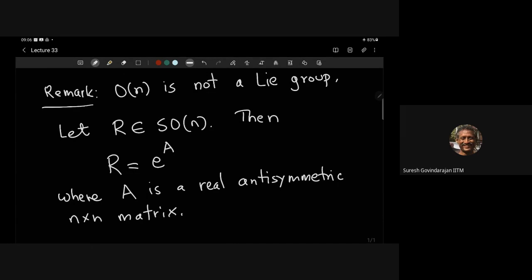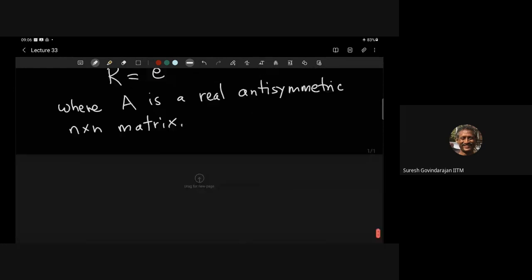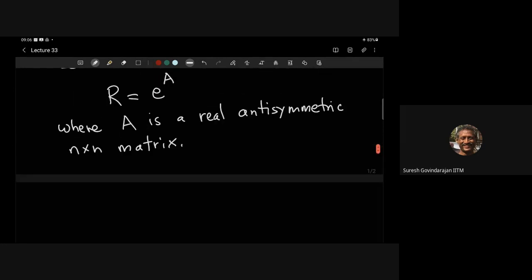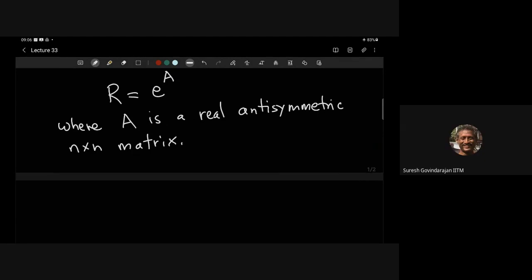Okay. Have we discussed the exponential of a matrix in this course? Yes or no? No, sir. Okay, good. We don't need to, even if you don't know, it's fine.